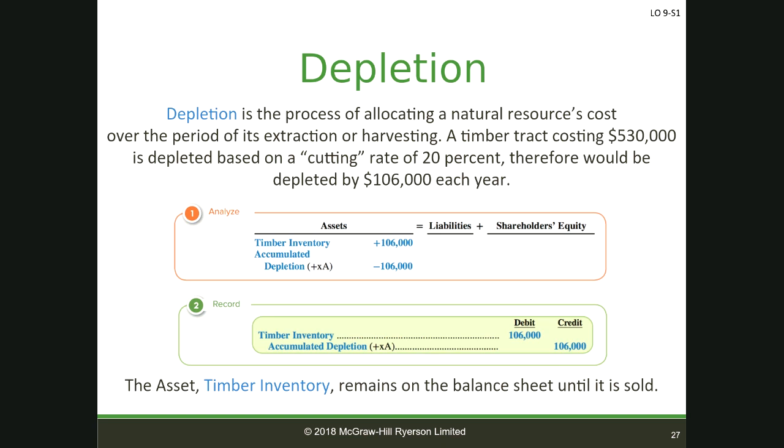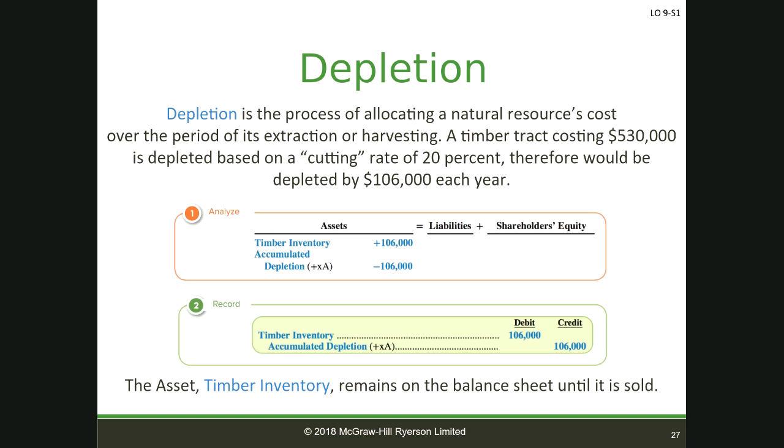Okay, so we have to measure the natural resource's cost. That's going to be pretty easy most of the time because you're actually going to pay, right? Pay for a forest, right, that you want to go in and cut down. So what's the cost? And then we have to identify, it says we deplete the asset, whatever the cost is, by extracting the asset, right, or harvesting the asset. So we can think of the most common example here will be a coal company. Right?